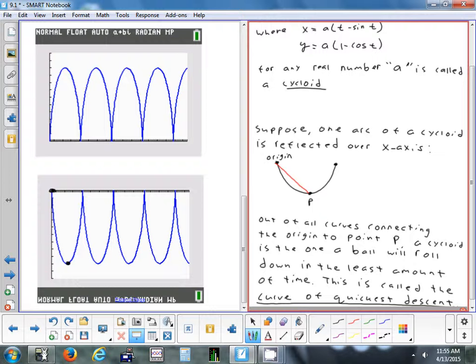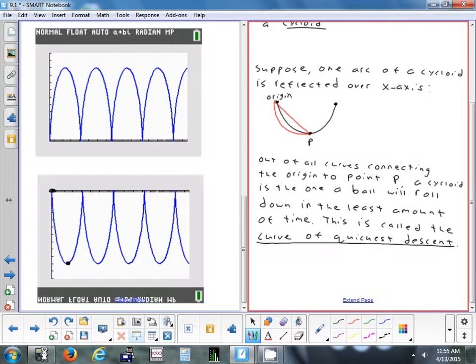If you try to draw something like this, that curve won't be any faster than the cycloid. The cycloid will be faster. And again, that's called the curve of quickest descent. It's like an inverted cycloid.